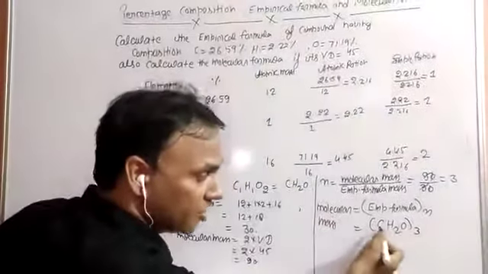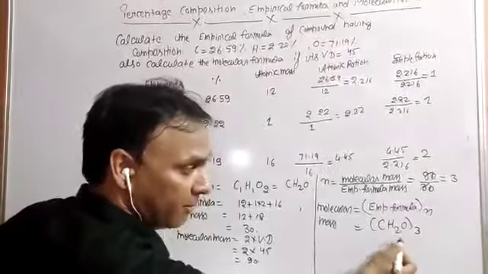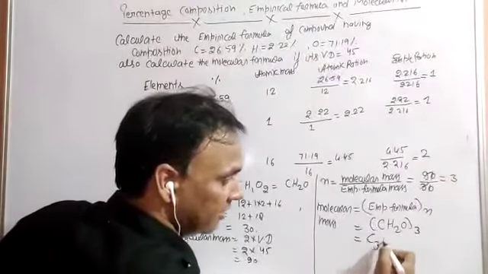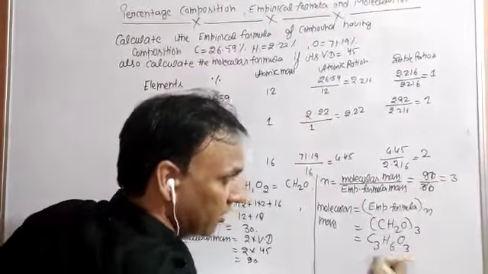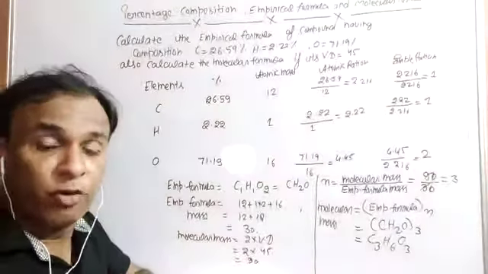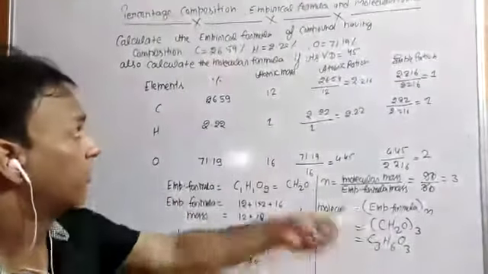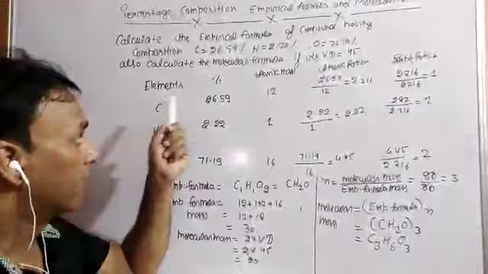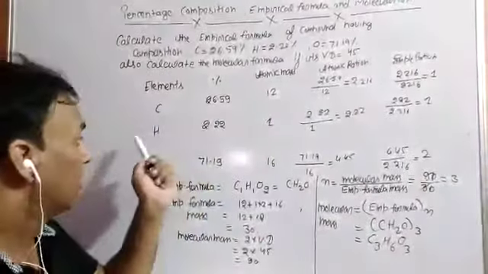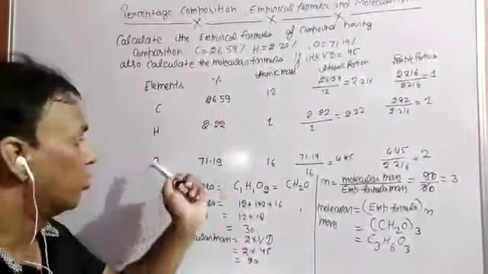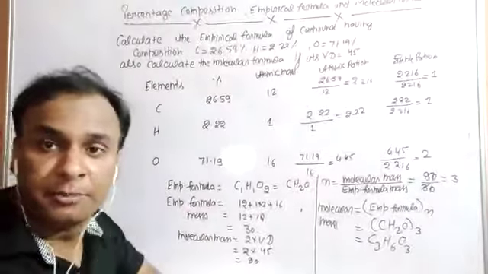Clear? Then each atom is multiplied by 3, that means C3H6O3. This is the molecular formula of the compound having percentage composition: carbon 26.59, hydrogen 2.22, and oxygen 71.19 percent.